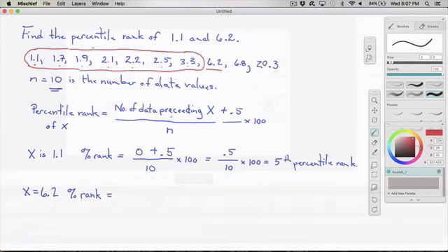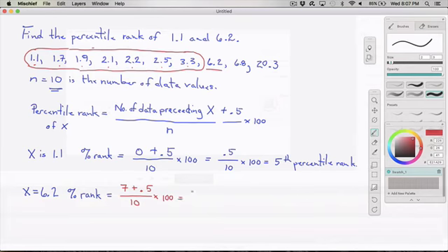So in order to calculate that, we would say that the number of data preceding X is 7, so I'm going to take 7 plus 0.5, divide that by 10, and multiply that by 100.